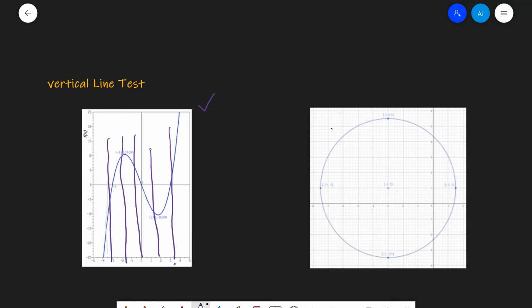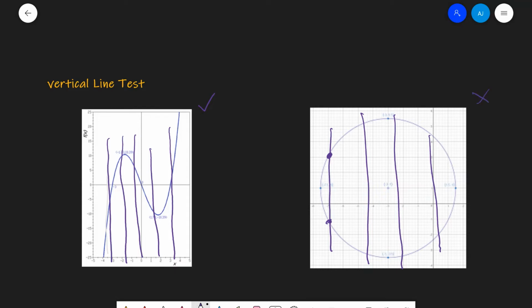However, on this graph, if you draw lines throughout the graph, it seems like every line has 2 points. So for example, on this line, there are 2 points that intersect the main graph. Thus, it has failed the vertical line test and is not a function.